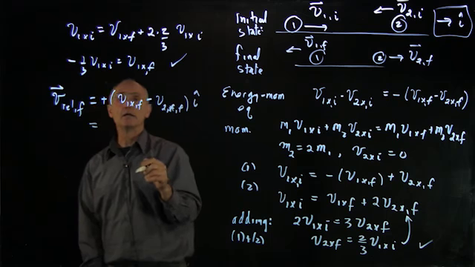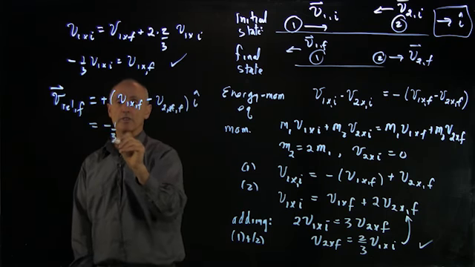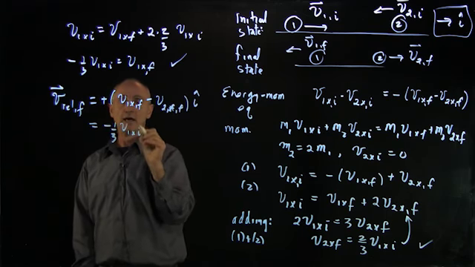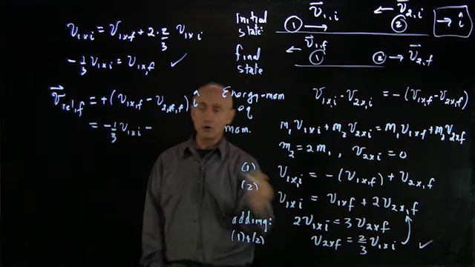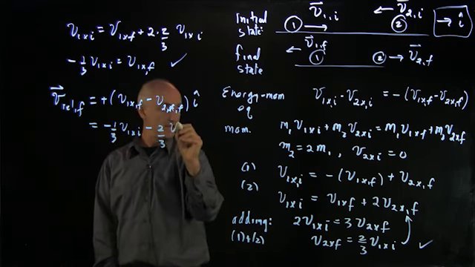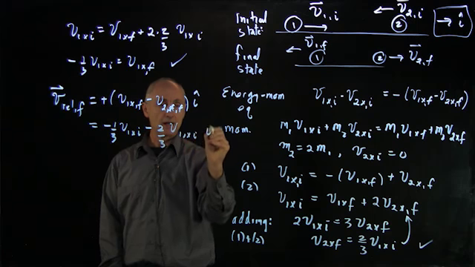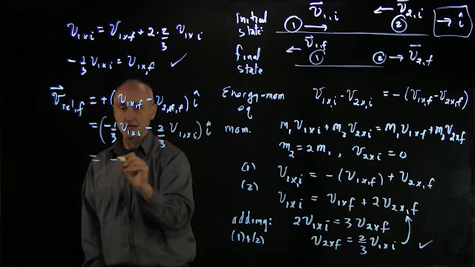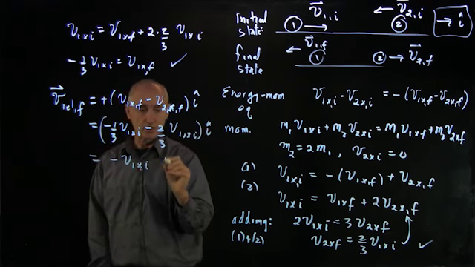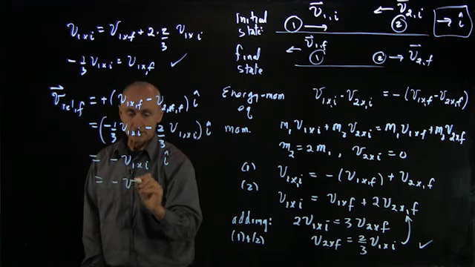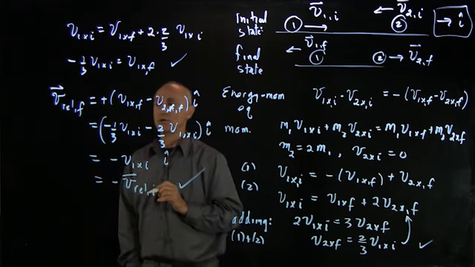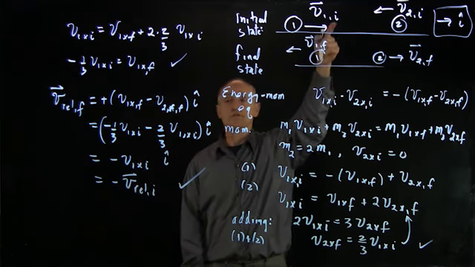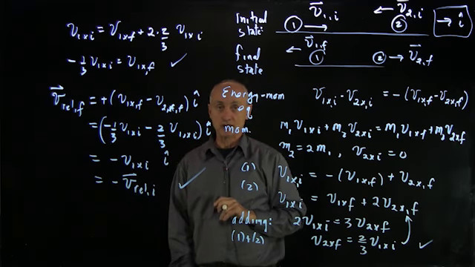And when we put that in, we have minus 1/3 v1x initial minus 2/3 v1x initial, i hat. And we have minus v1x initial i hat, which is minus v relative initial. And so we see that the relative velocity simply changed direction.